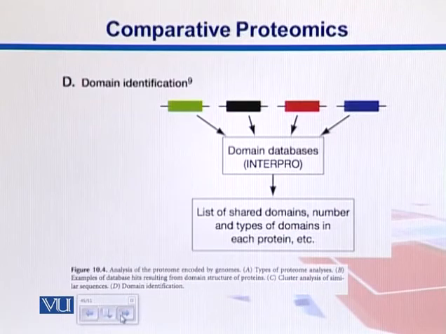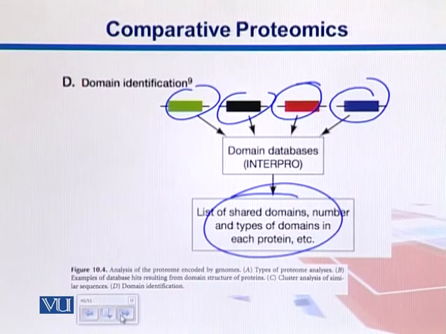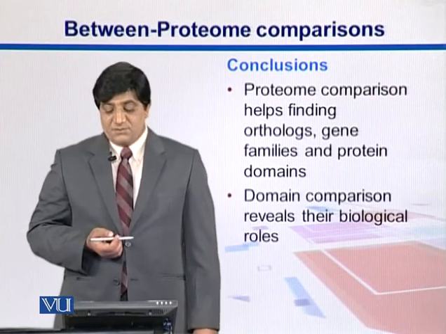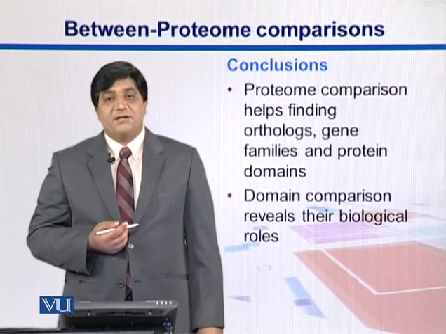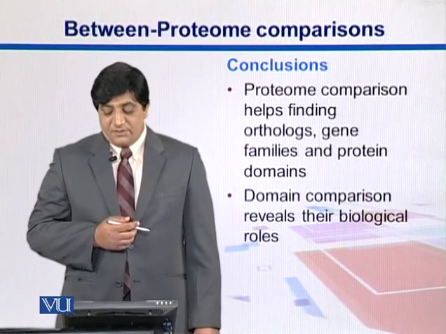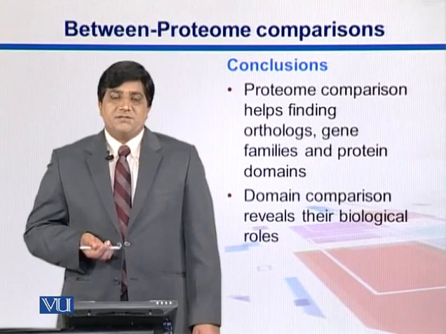For example, we take the domains from different proteins and put them into domain databases, and in the end we can come up with shared domains, the domains which are present in these different groups, and then we can correlate this information to get an idea about their functions. So proteome comparison helps find orthologs, gene families and protein domains, and domain comparisons can also help correlate to biological functions.